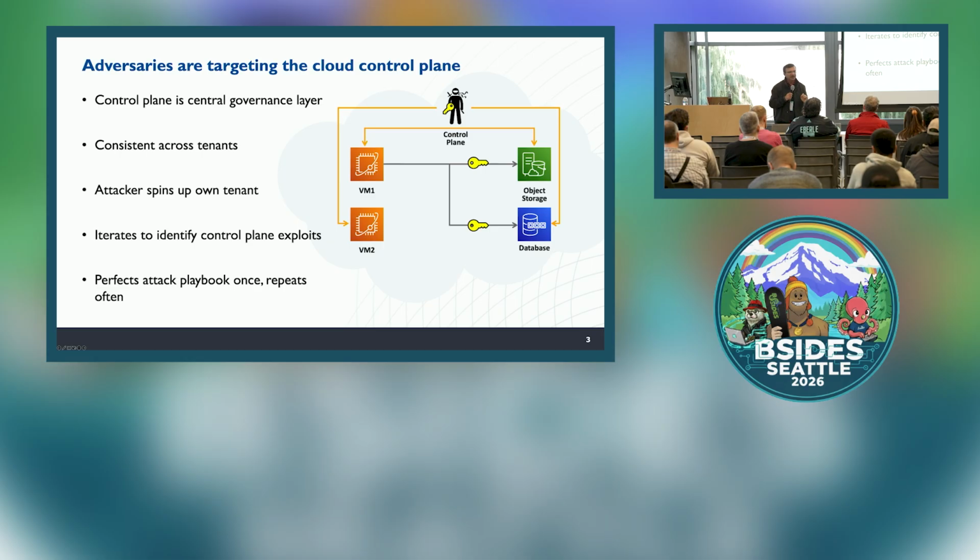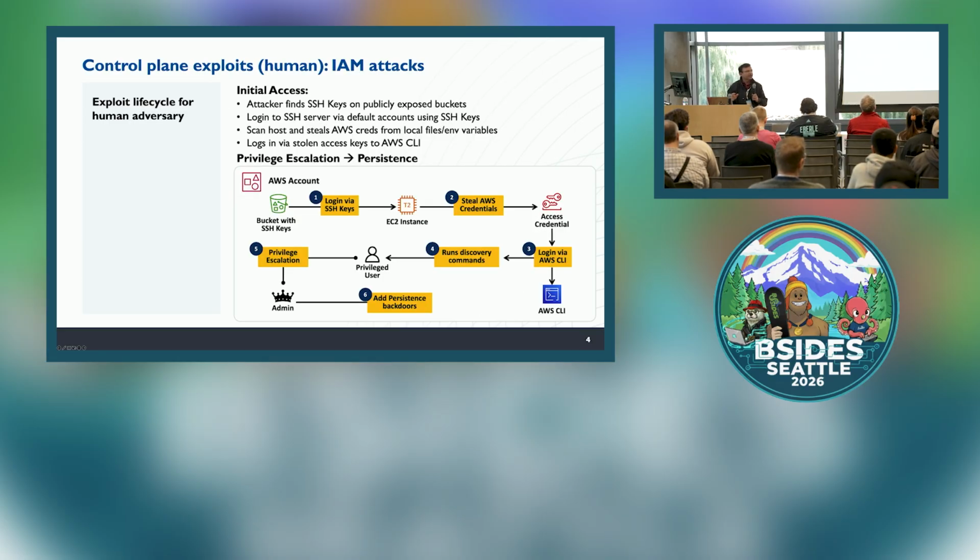And they know it will work because the control plane is the same across every tenant, unlike the data plane. That's why attackers are trying to target the control plane. That's a very important point. Attackers in the cloud no longer need to bring any malware binaries into the offensive playbook, because if you go after the control plane, you will succeed.